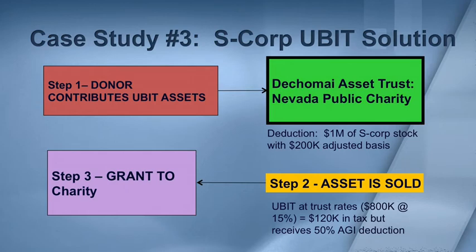When sold, all the capital gain that the otherwise donor would have to pay, the trust has to recognize, but at individual rates at 20% federal, no state, and because the trust itself gets a 50% adjusted gross income deduction, when it then makes the grant of all the proceeds over to the other public charity, that takes the 20% effective gains rate down to 10%.